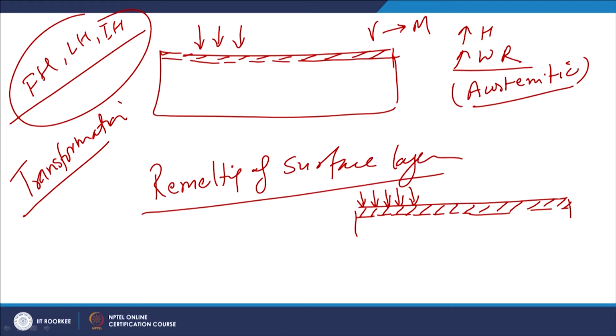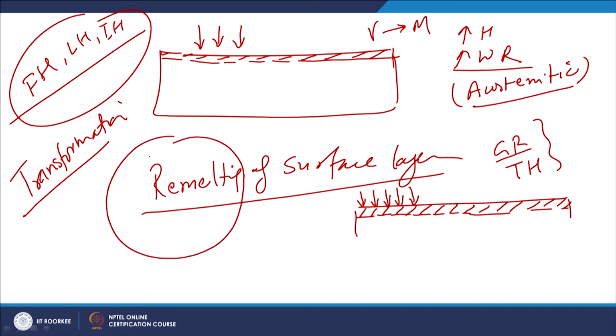At the same time, in some cases transformation hardening also takes place. So, grain refinement and transformation hardening are the two mechanisms which can work to enhance surface properties using the remelting of the surface layer technique.